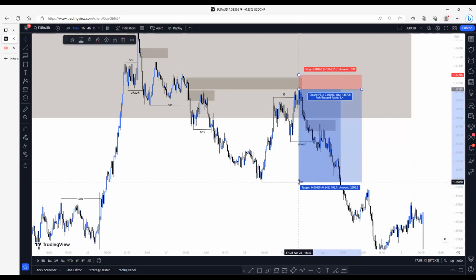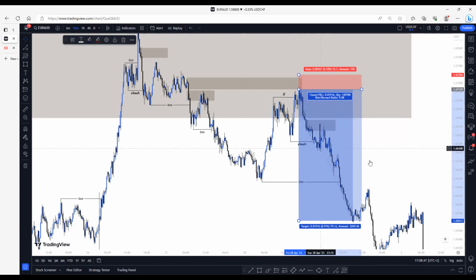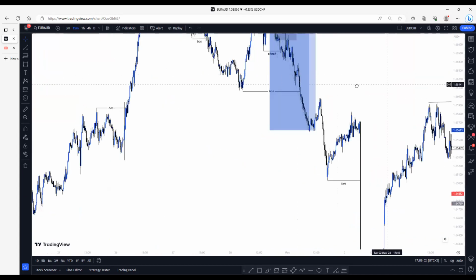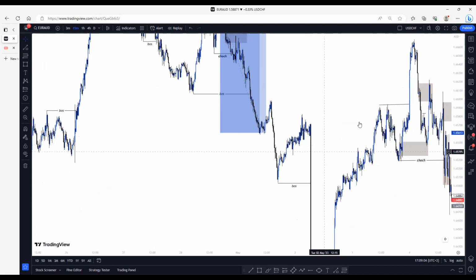You can exit probably half of your position, then just carry the rest along. Let's just keep it at 14, and maybe it took something like 150 pips. That's massive.